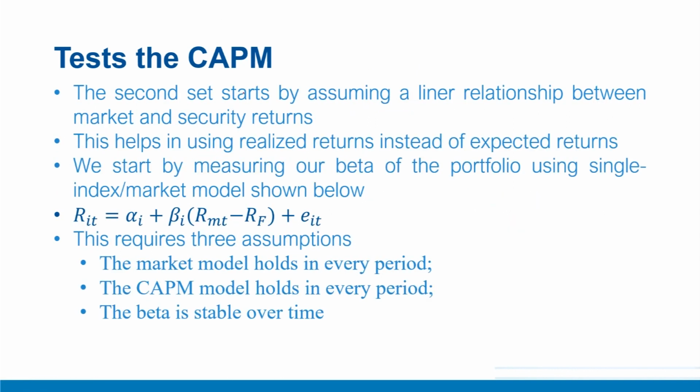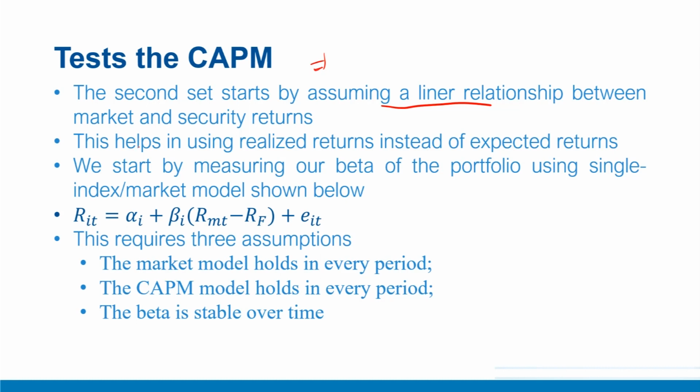Another set of models of standard CAPM or its versions work with realized returns. And for that, to make a simplistic description of reality or equilibrium, they assume a linear relationship between market and security returns, so that the realized security return can be expressed in terms of realized market return.